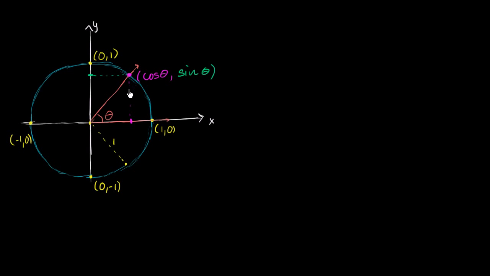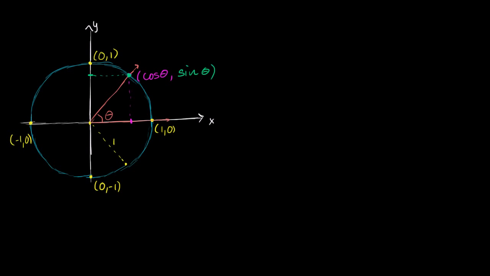But what I want to do is leverage what we already know about the unit circle definition of trig functions to help prove the Pythagorean identity. And it almost falls out of the fact that this point right over here is on a circle of radius 1. So what is the equation of a circle with radius 1 centered at the origin?